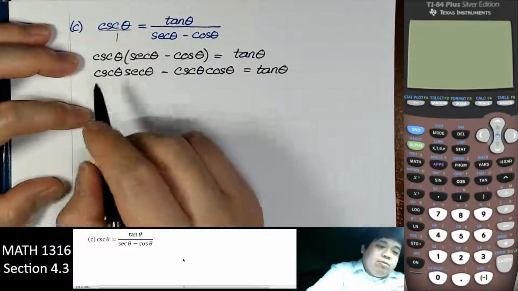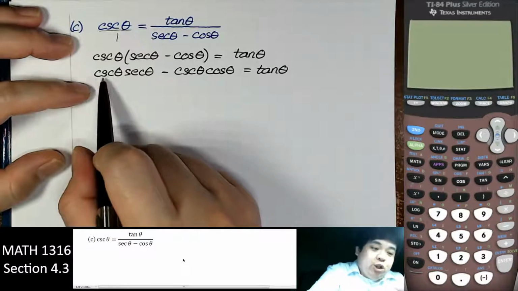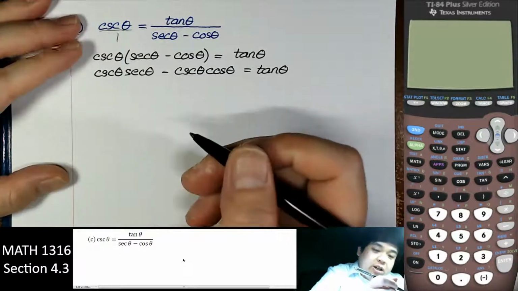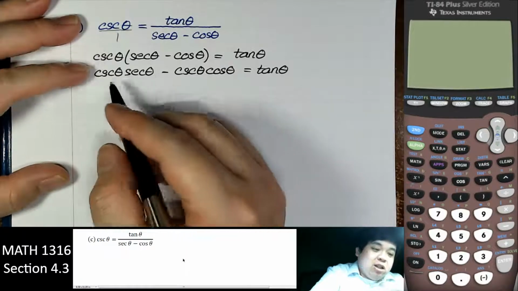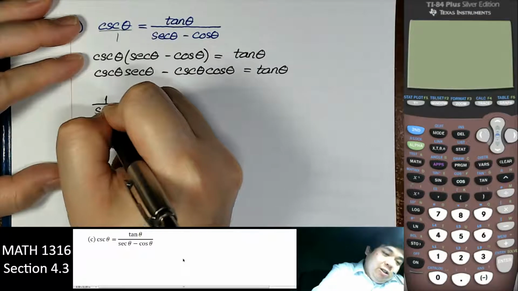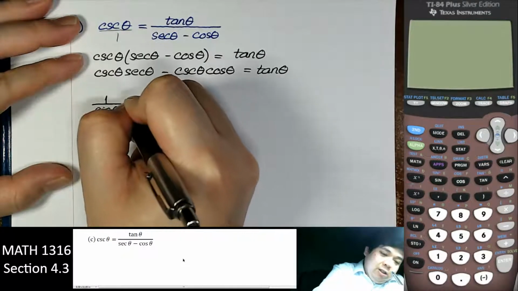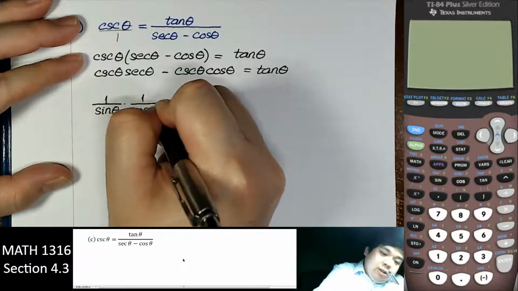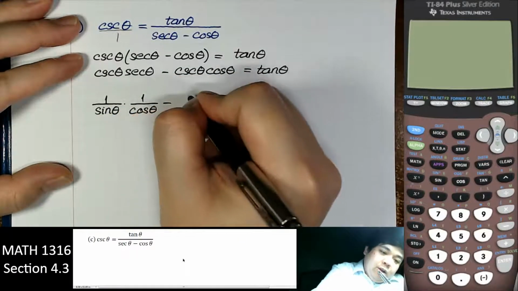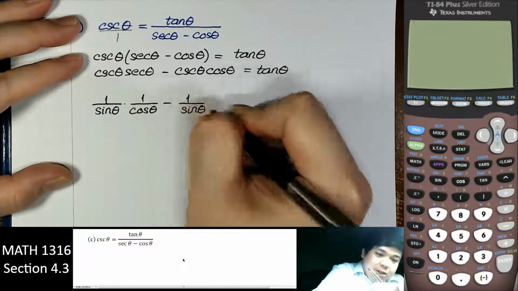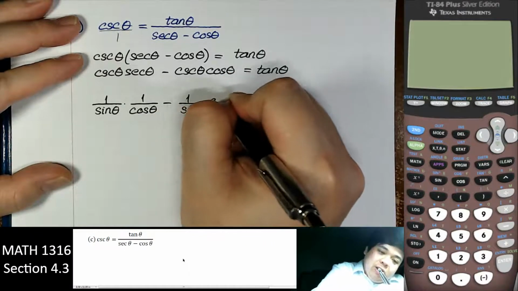Right, now it could be very helpful to rewrite everything in sine cosine. It will be very easy to think after that. So cosecant is 1 over sine, secant is 1 over cosine, cosecant is 1 over sine, and then cosine.